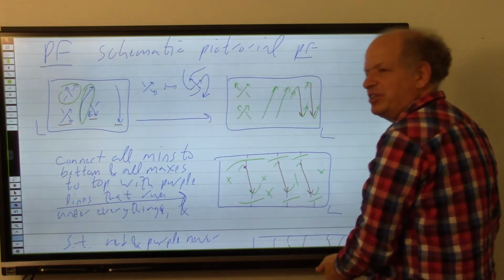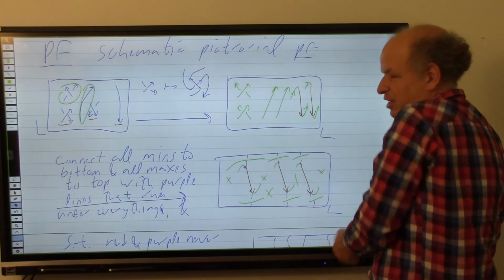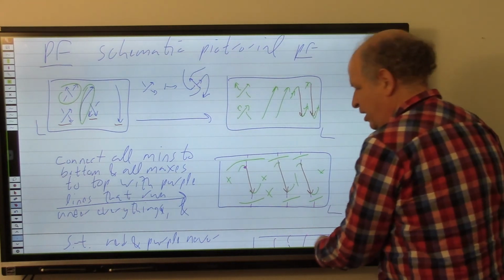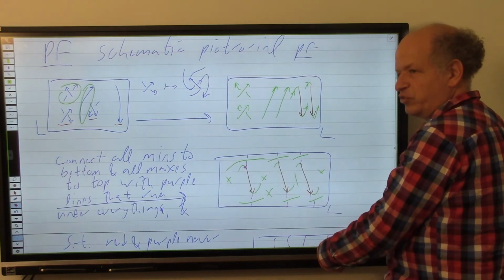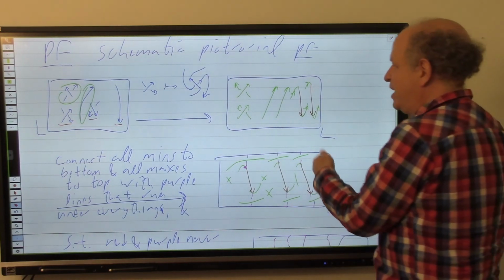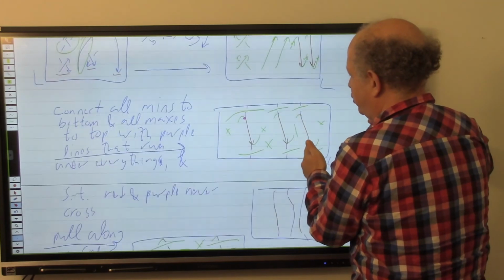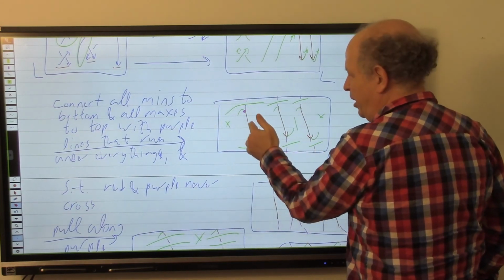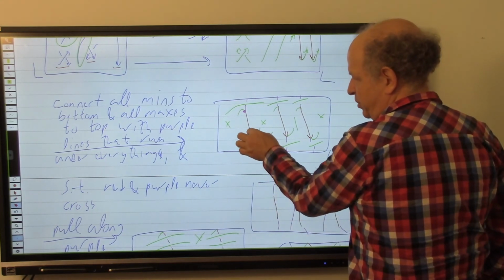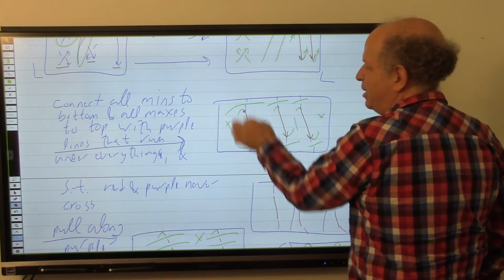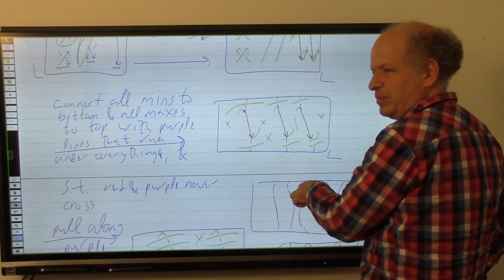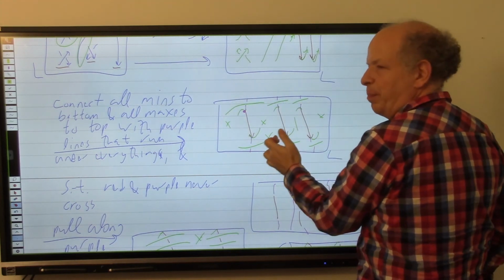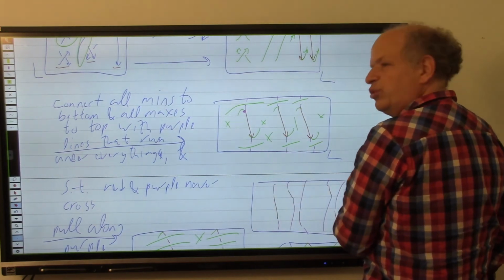You have to see how this affects the end result, and all you have to do is to check that it affects the end result by one of those Markov moves. Okay? Likewise, I told you to choose purple lines, telling you how to pull the minimals and maximals to the bottom and to the top. If you had chosen different purple lines, what would happen?